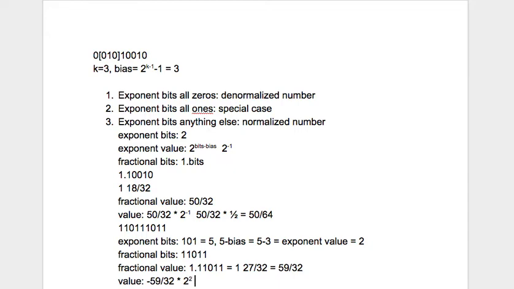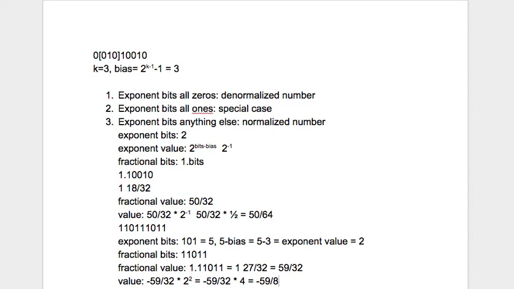That is negative 59 over 32 times 4, and we can simplify by dividing the 4 out of 32, which gives us 8. So negative 59/8 is our final value for 1, 1, 0, 1, 1, 1, 0, 1, 1.